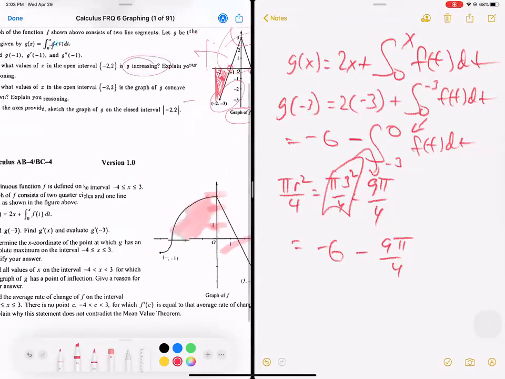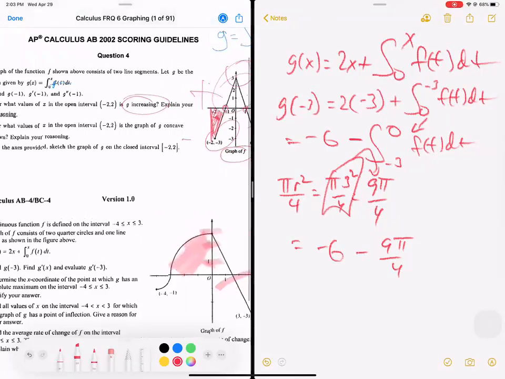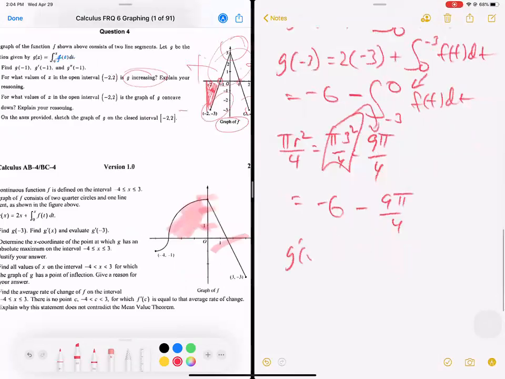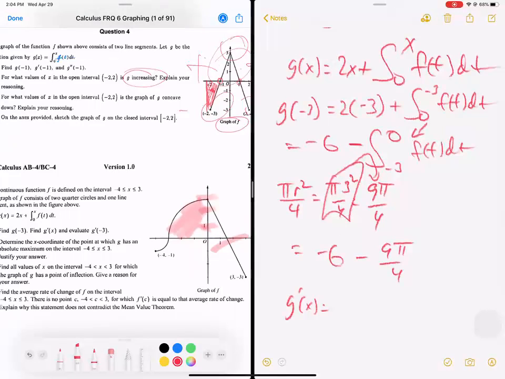Now, let's go ahead and move on. Next one: find g prime and evaluate g prime of -3. So g prime of x is the derivative. Let's take the derivative. It's going to be 2 plus d over dx of the integral from 0 to x of f of t dt.